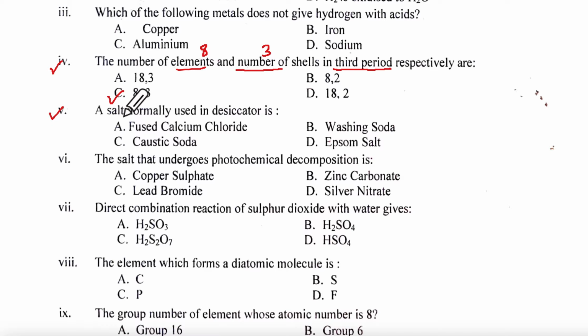Number 5, the salt normally used in the desiccator. This is in the water chapter. Desiccator means a drying agent, so it should be hygroscopic. Which one is hygroscopic? Fused calcium chloride. Now you should also remember each one of these: caustic soda, deliquescent; washing soda, efflorescent.